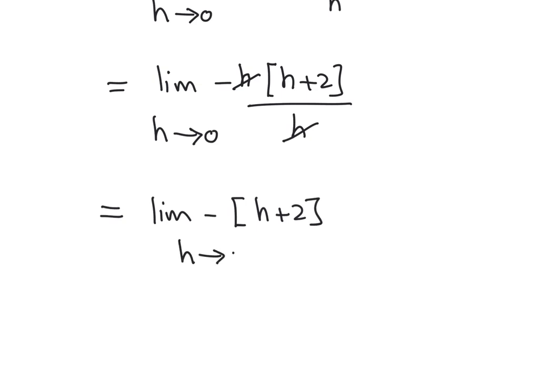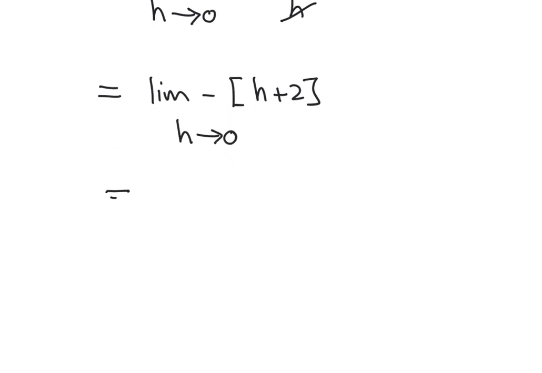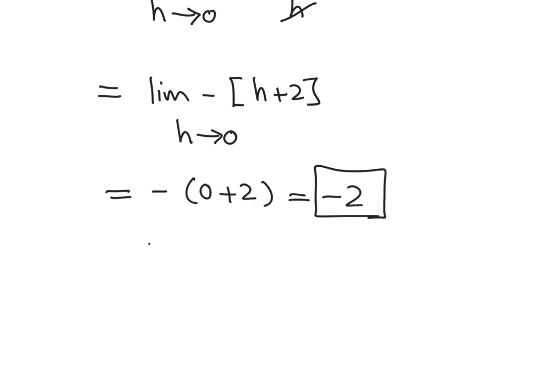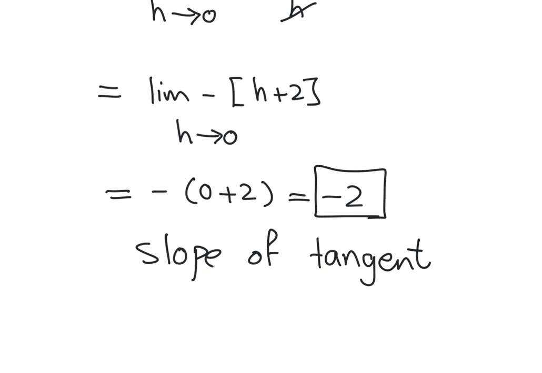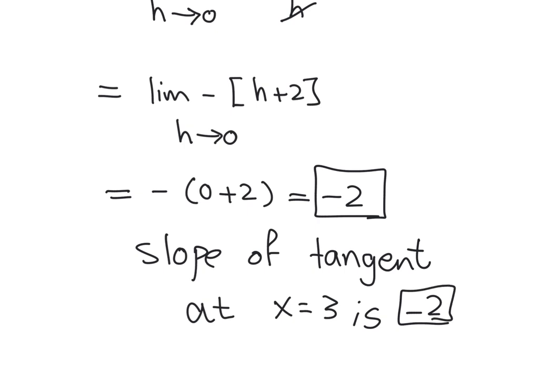H goes to 0, so the answer is minus 0 plus 2 equals minus 2. So a slope of tangent line, or you can just write, a slope of tangent at x equals 3 is minus 2.